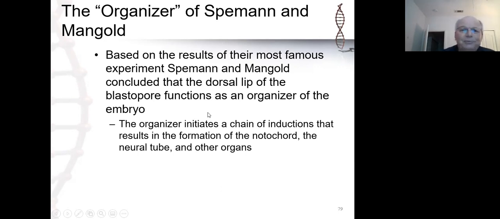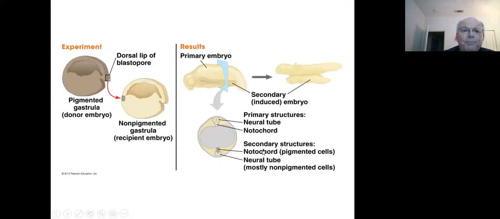It had to be associated with something on the dorsal side of the embryo. But given that the dorsal ventral axis established a region 180 degrees opposite to the dorsal side that became the ventral side, it could just be that perhaps something on the ventral side was establishing the dorsal ventral axis. They needed to determine what was going on.